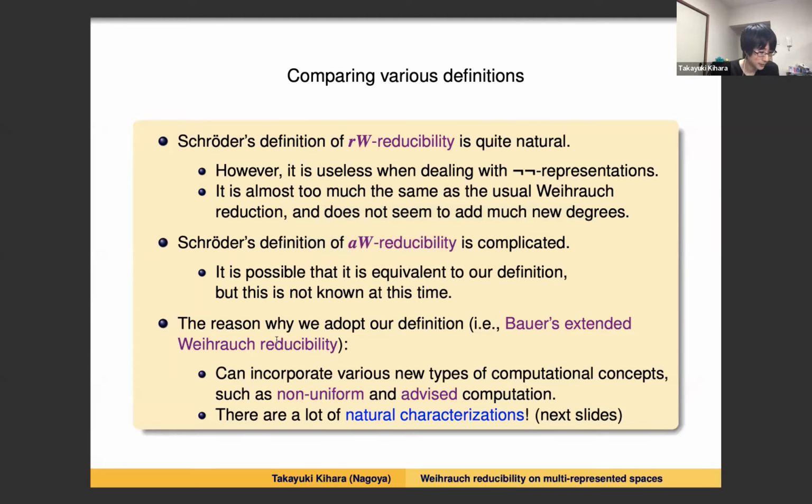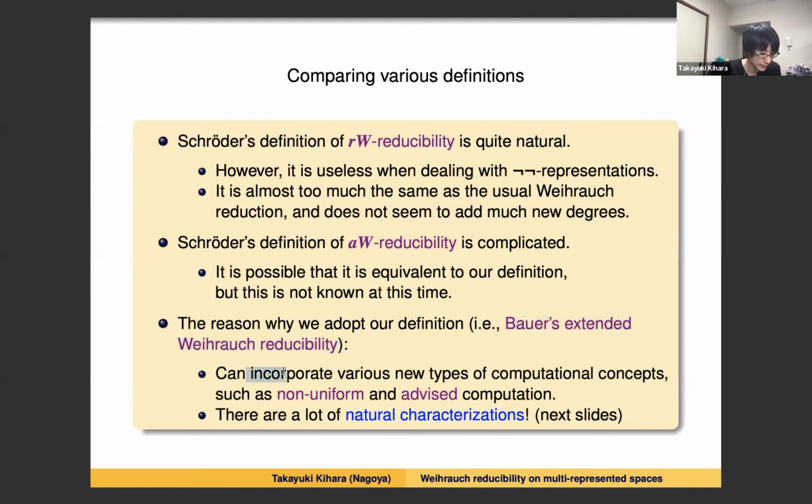Now going back to the first definition of Weihrauch reducibility, equivalent to Bauer's extended Weihrauch reducibility. It may seem a bit odd to have one opponent and two proponents, but there are many advantages to considering this definition.